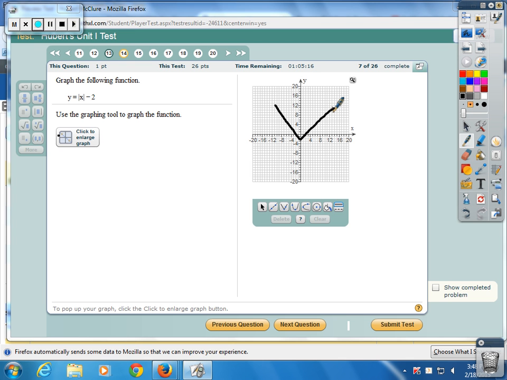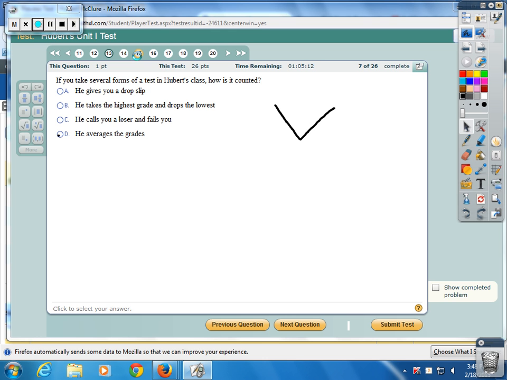That last question. What? You doing homework in the bathroom? I can just see you using the basket, several forms of a test, like he's been a bad student using this toilet paper. Like when you grade. I think you need to quit. If you take several forms of one of Hubert's tests, like the unit 1 test, what do I do as far as counting the grade?